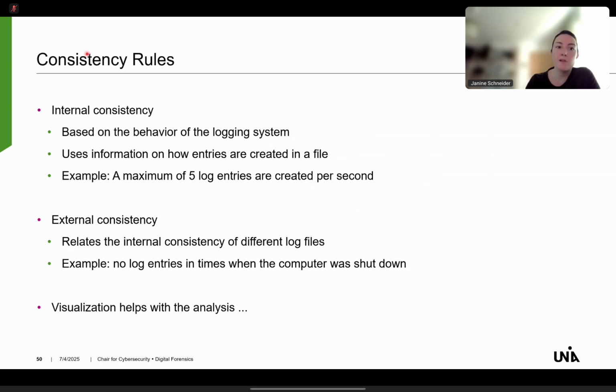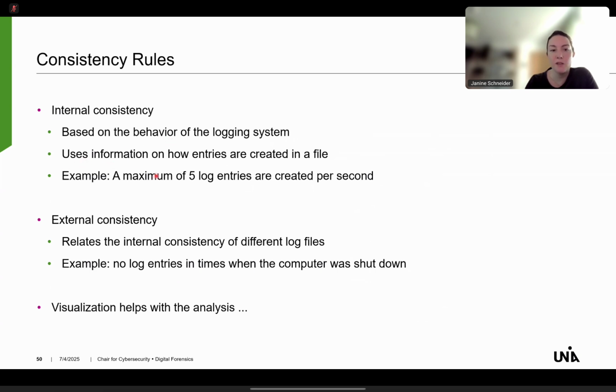Okay, there are a couple of consistency rules, as with partitions. We discussed that a couple of weeks ago. There are also a couple of consistency rules for timestamps. There is something called internal consistency. Based on the behavior of the logging system, you can check for internal consistency.